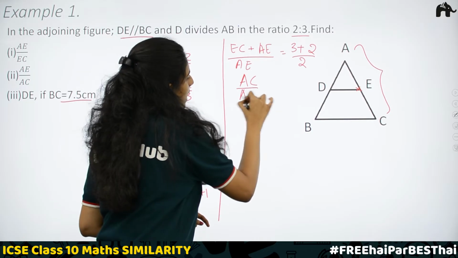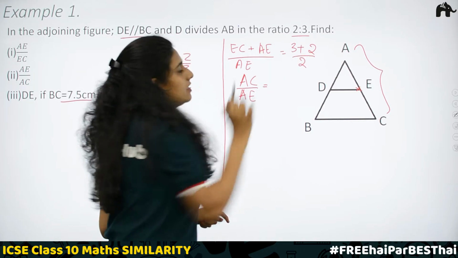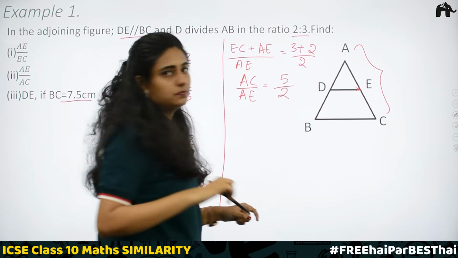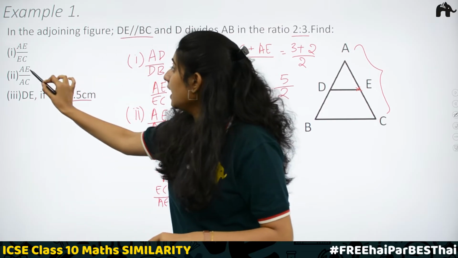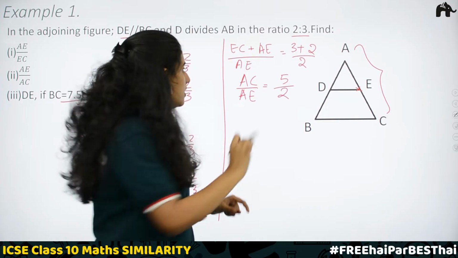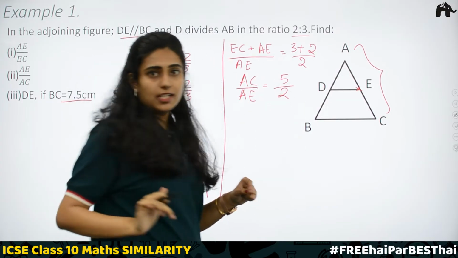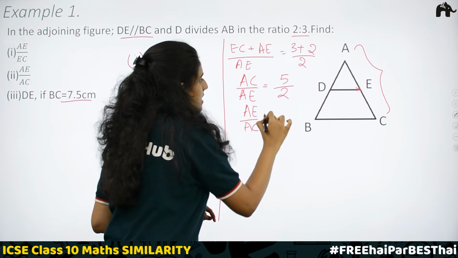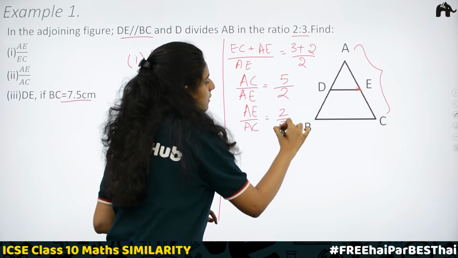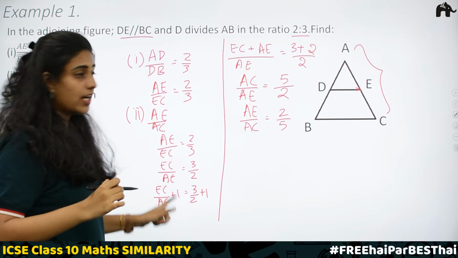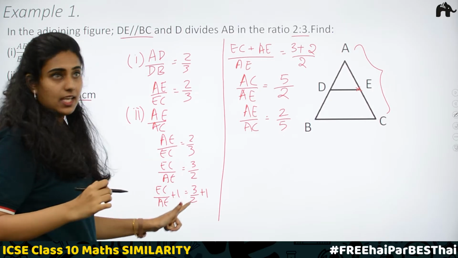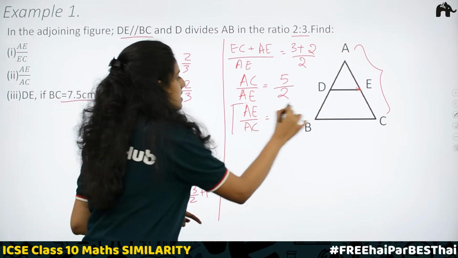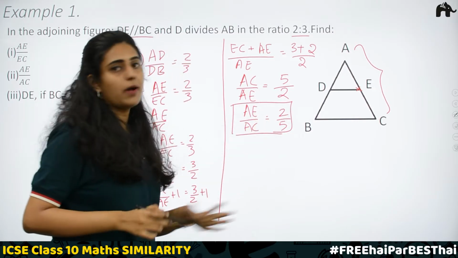AC divided by AE is equal to 3 plus 2, 5 divided by 2. We need to find AE by AC. Yes, we just need to take the reciprocal now. We get AE by AC is equal to 2 by 5. Here we have added this one to get EC plus AE. Only then can we get the total AC. So this is the second ratio, that is 2 by 5.